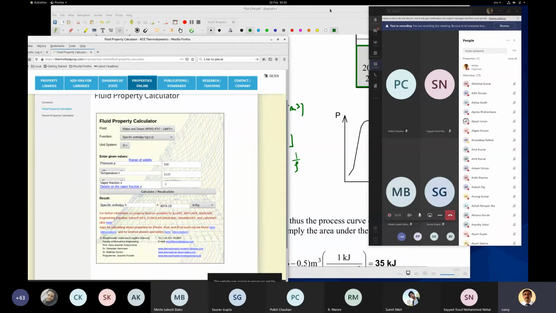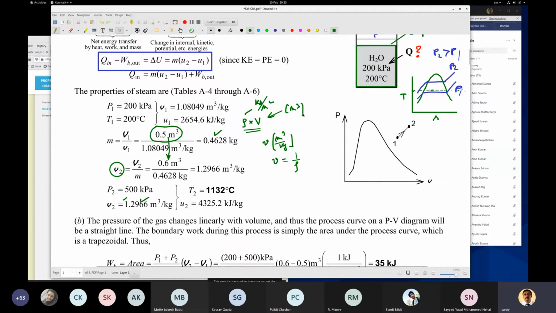From the enthalpy, it is a little bit not so straightforward here, I'm finding. H is equal to U plus PV, so U is equal to H minus PV. So this is given, pressure is given, specific volume is given. So like that you have to calculate.